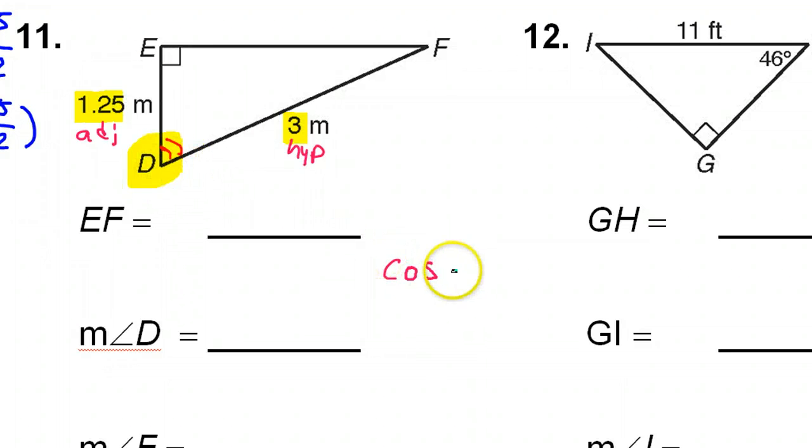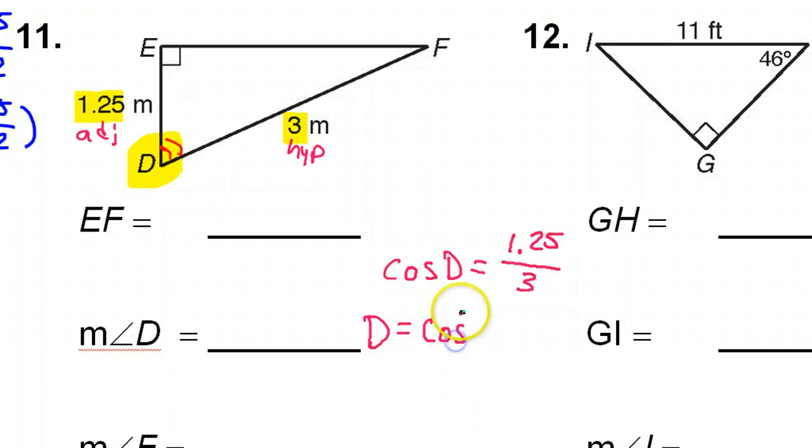The cosine of angle D should equal adjacent over hypotenuse, so 1.25 over 3. So if I want to find angle D, which I do, angle D should equal the inverse cosine of 1.25 over 3. And I can just put that in my calculator.